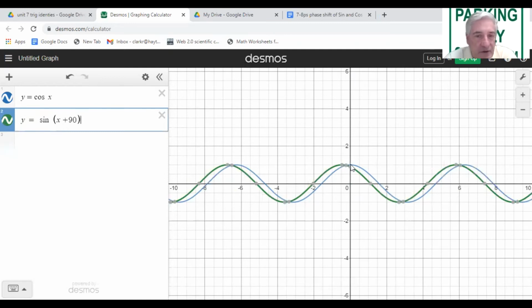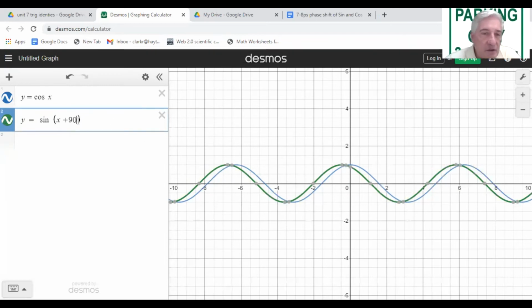Now, is that the same as that graph? It is the same as that graph. My calculator is just showing me that they're a little bit off. Why are they a little bit off? To show me that it's basically the same line.